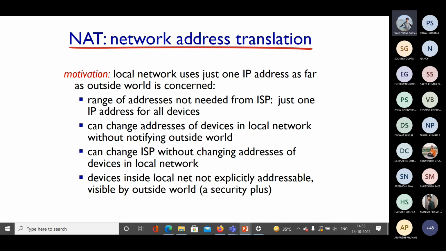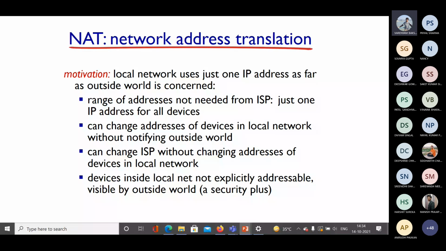To the outside world, the only IP address required is your organization's IP address, that means the interface address which connects to the outside internet or outside world. Whatever is happening inside your organization, or whatever IP addresses you are using inside, is not of concern to anybody outside.